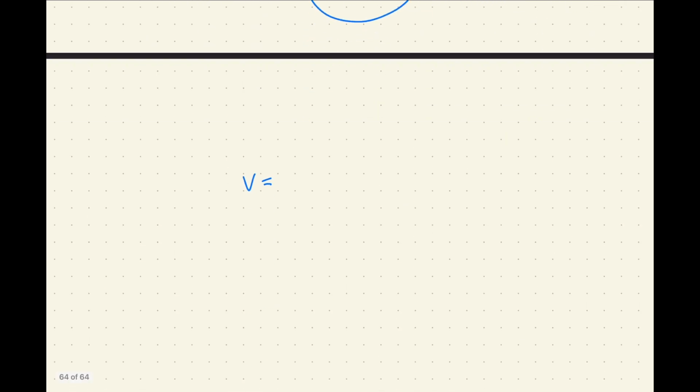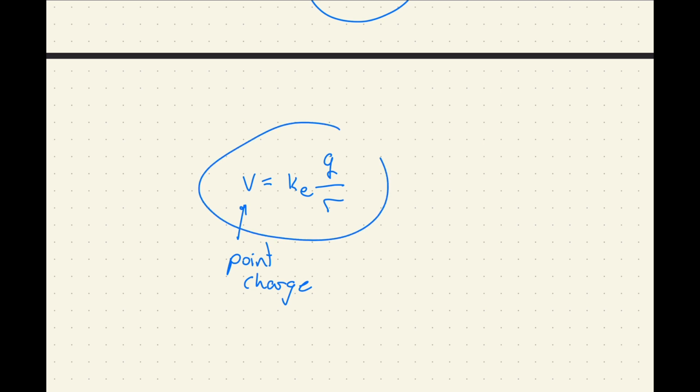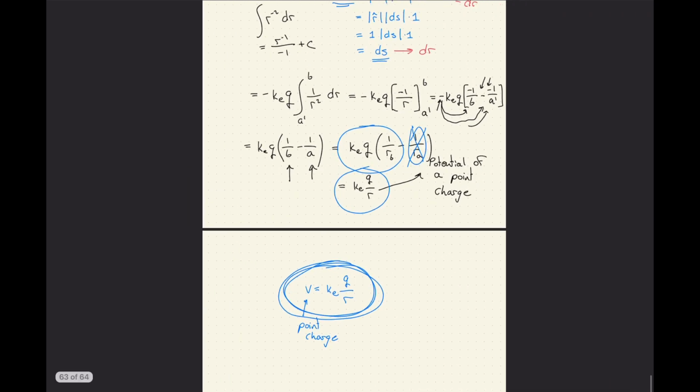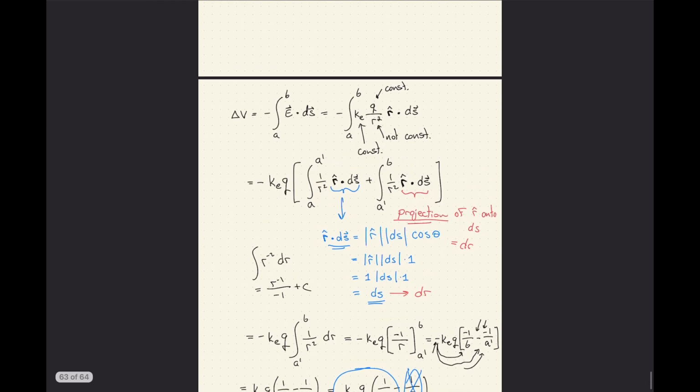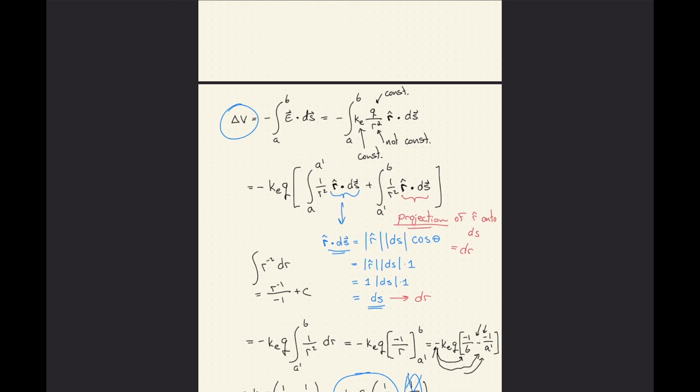The potential of a point charge is literally KE Q over R, which looks very similar to the electric field. The electric field had a square over here. The potential doesn't. So this is something they're just going to give you. But how you calculate it is you go through this kind of integral breakdown. And again, if you want to find the potential difference due to any electric field setup, you just go through this kind of solving process here.